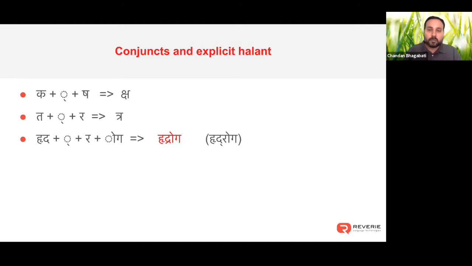This is very intuitive when we write in our writing system: we write the character, then the halant dash, and then start the remaining characters. But in this typing system, once you put that halant it is used as a joiner, and it will join both characters and make different characters.